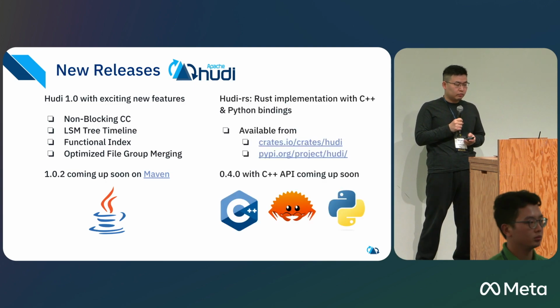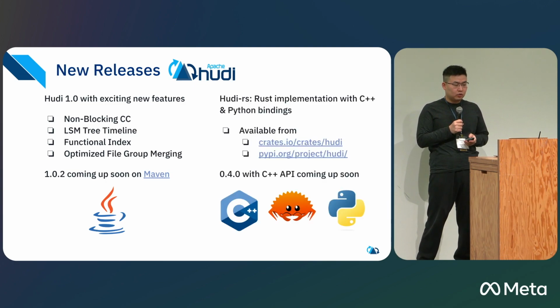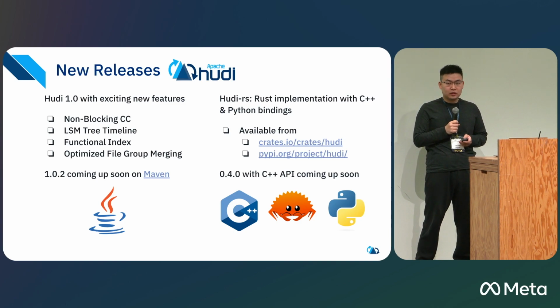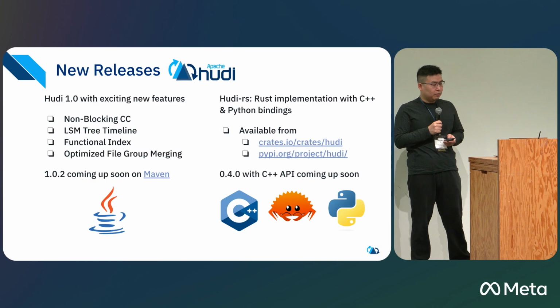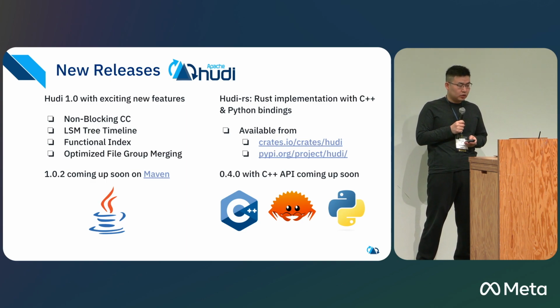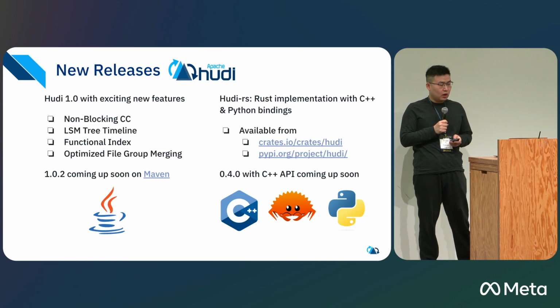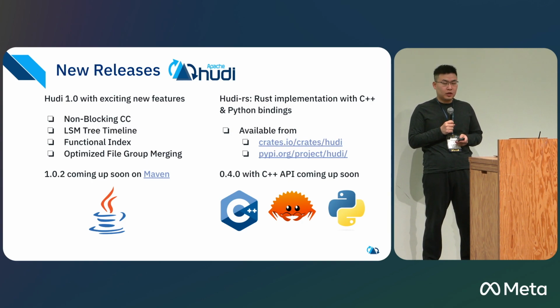Meanwhile, the Hudi-rs project was created just last year with the goal of expanding ecosystem integration and standardizing APIs. Hudi-rs has evolved quickly with 3 releases in the past few months. We will also have a C++ API in the upcoming 0.4 release.